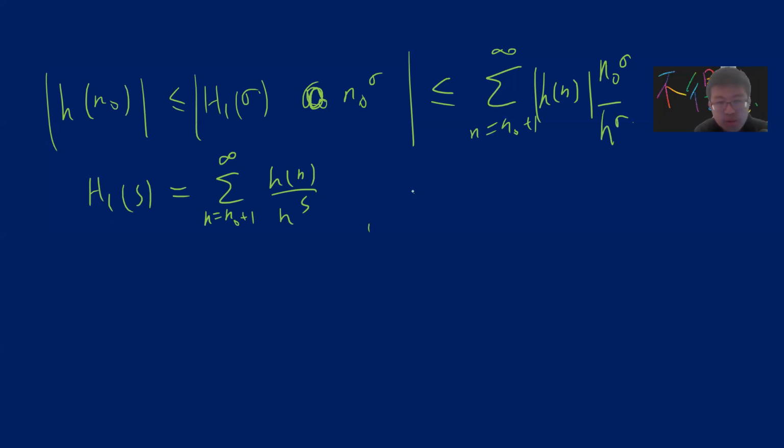You can choose sigma to be any value, so let's say choose sigma to be sigma_0 plus lambda, where lambda is large enough.